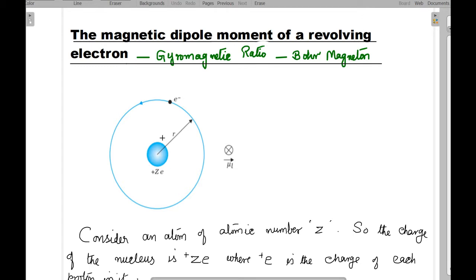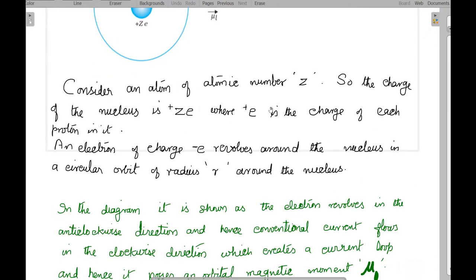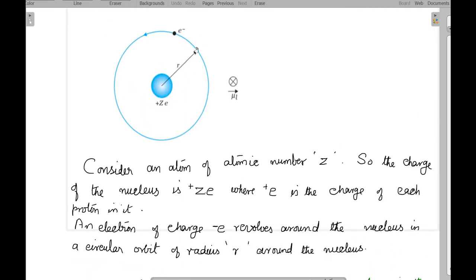The nucleus is of charge plus Ze. Now, in this diagram, it has been represented that the electron is revolving in the anti-clockwise direction.